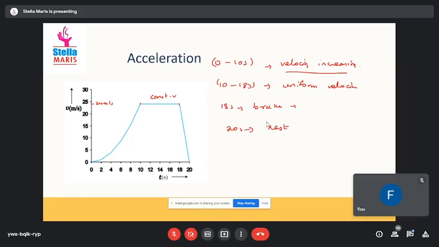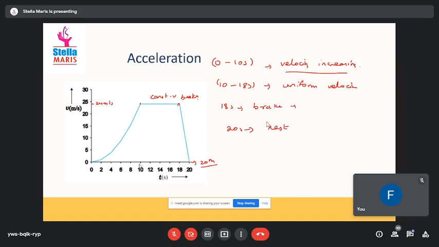And here the brakes were applied, and the car comes to rest at the 20th second. So you understand this graph? So you're clear with this graph? What does the graph say? Yes, sir.